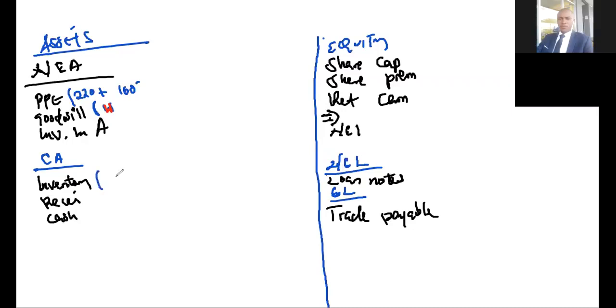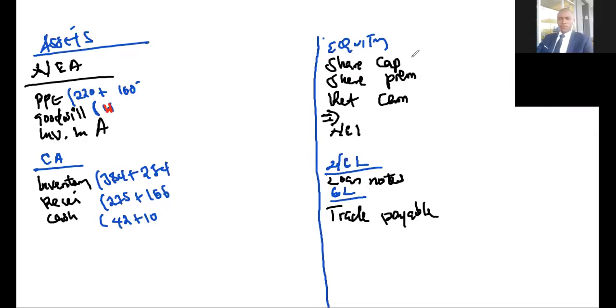Just paste 384 plus 234. Receivables, what do we have? Receivables 275 and 166. 275 plus 166. Okay, cash, what do we have? 42 and 10. 42 plus 10. Just copy and paste. Don't change anything. Don't add. Just copy and paste. These are free marks in the exam. Let's go to equity.